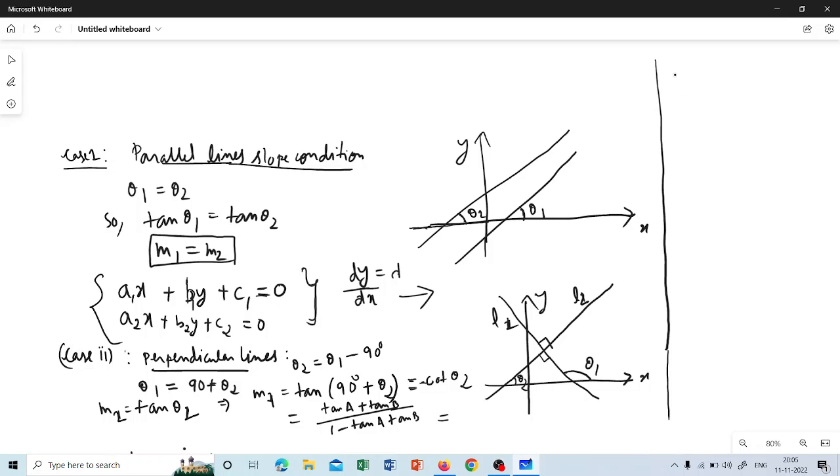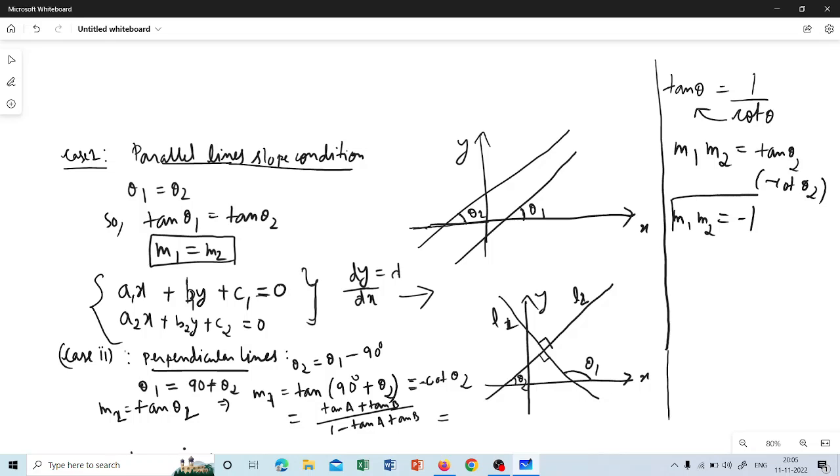We know that tan theta is equal to 1 by cot theta, or vice versa. So if I multiply tan theta and cot theta, it will be 1. Now m1 into m2 is equal to tan theta 2 into minus cot theta 2. This is nothing but minus 1, because the minus sign is there. So m1 into m2 is equal to minus 1.